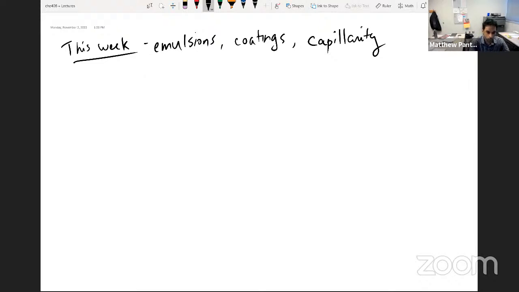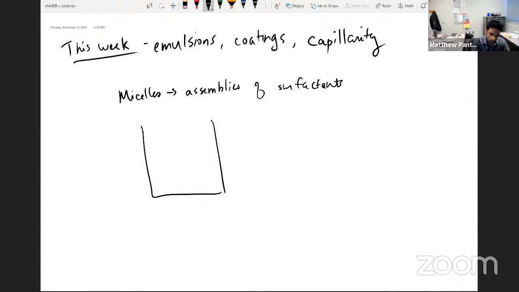Okay, so before we talked about micelles. So if you remember, micelles are assemblies of surfactants. So for example, if you have water, and you have a bunch of surfactants, and you're beyond the critical micelle concentration, you will have some assembly in 3 dimensions like this.